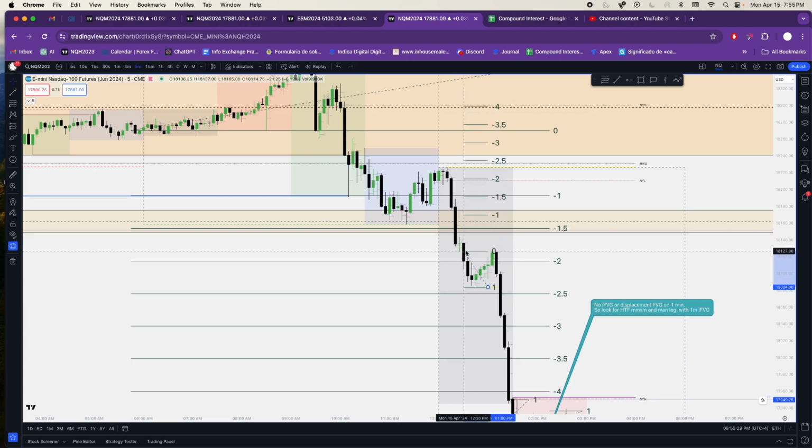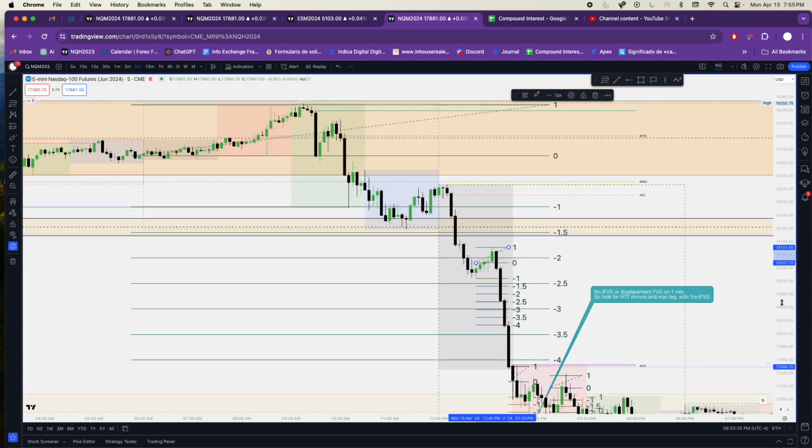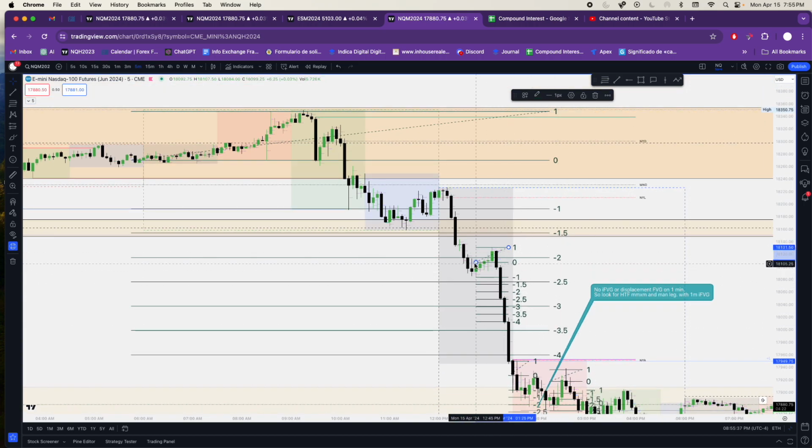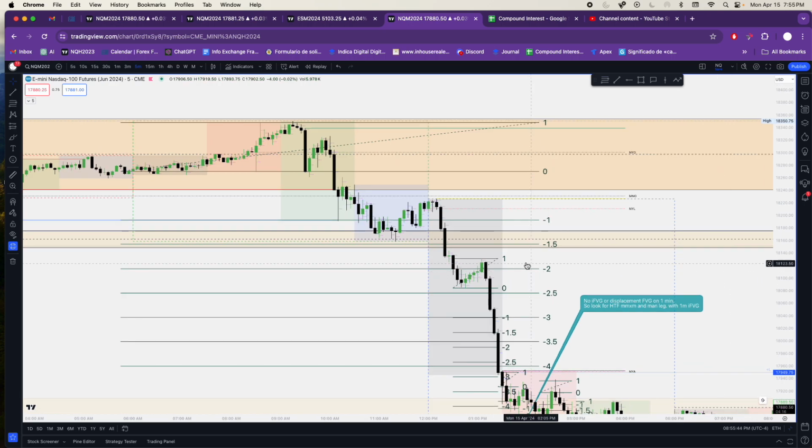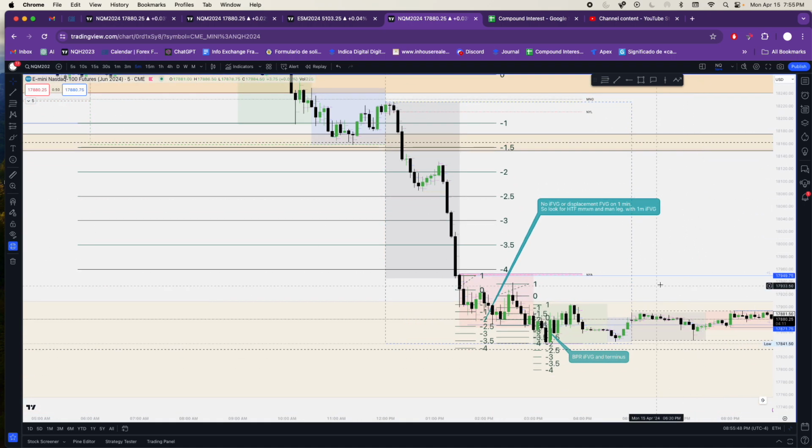Or we could take the last one. It's 4, so really nothing there. Take this entire leg here. So now the standard deviations. So just playing around, looking for some confluences.